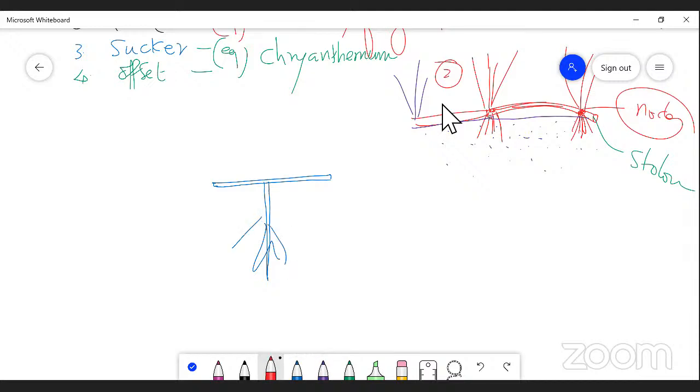I'm talking about the lateral branches of the root. It originates directly, not from the seed. It originates as lateral branches from the root.